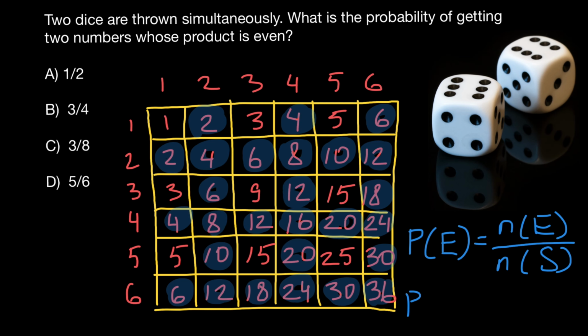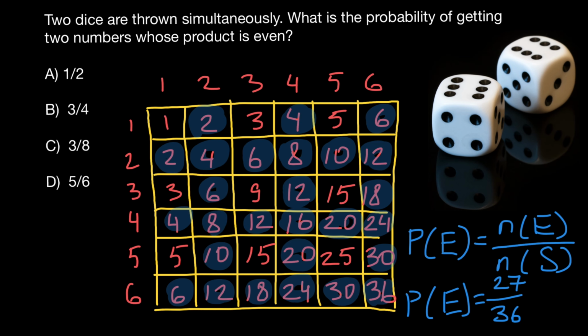So P of E in our case would equal 27 over 36. And we can divide both numerator and denominator by 9.